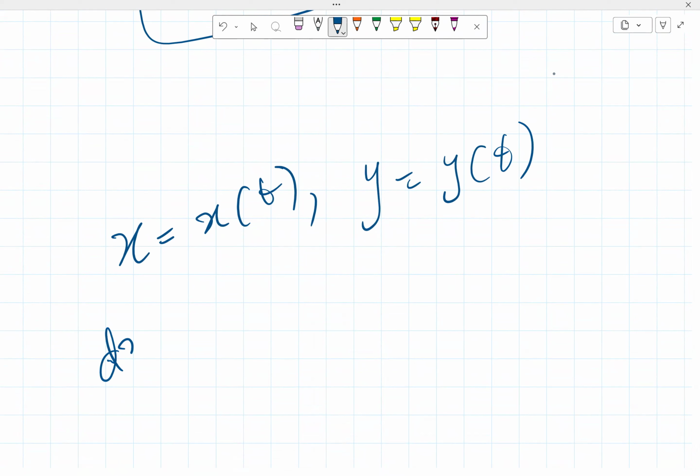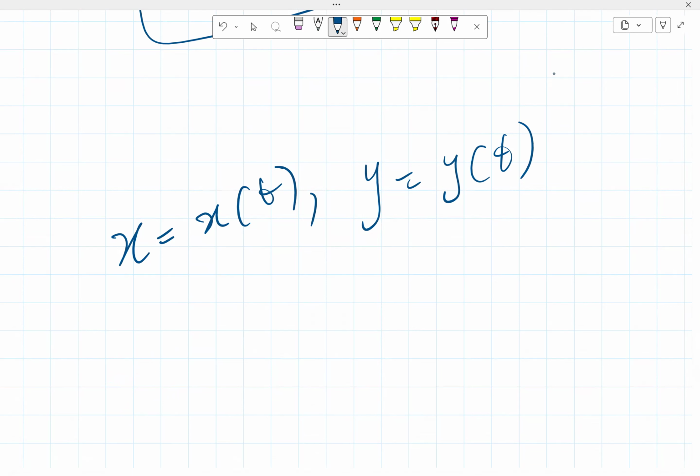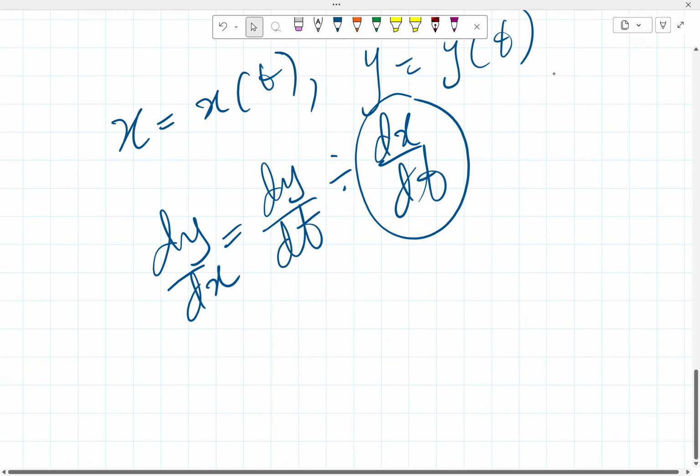So dx dt... okay, dy dx in short, because each of the variables is a function of t. So dy dx will be dy dt divided by dx dt. So you are dividing by this, and that's why it must not be equal to 0.